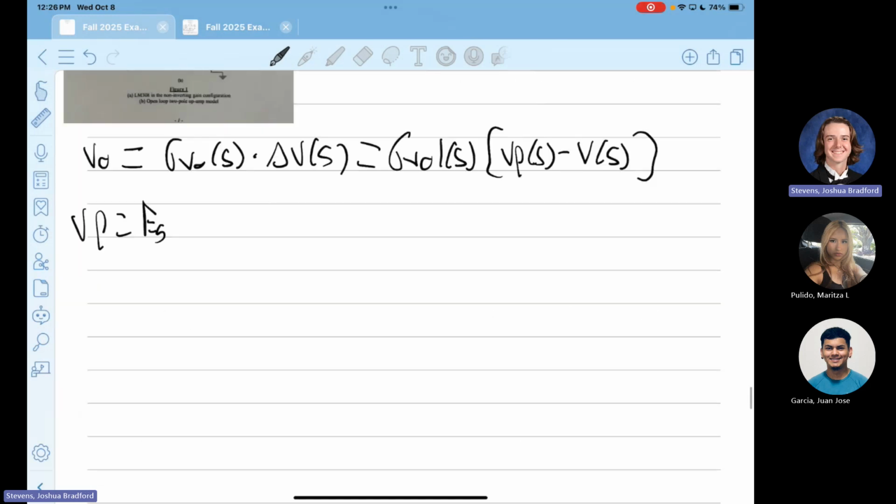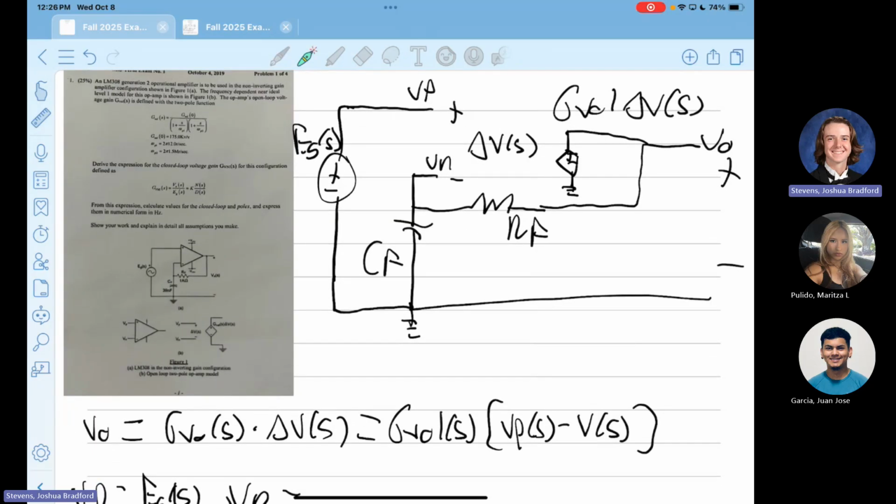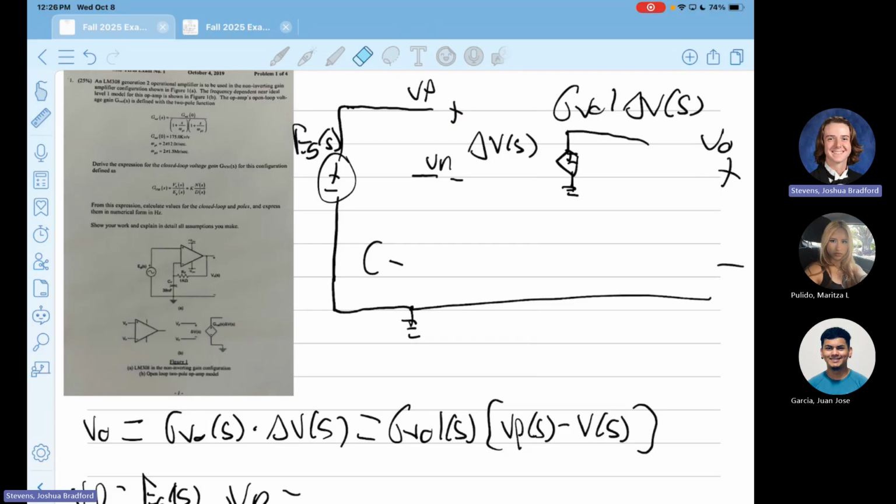What is the voltage on this negative terminal, VN? It's tied to the capacitor. Would you say it's the capacitor voltage? Okay. So what is the voltage across that capacitor? It's kind of tricky. I could have also drawn this like this. Let's see if this works any better.